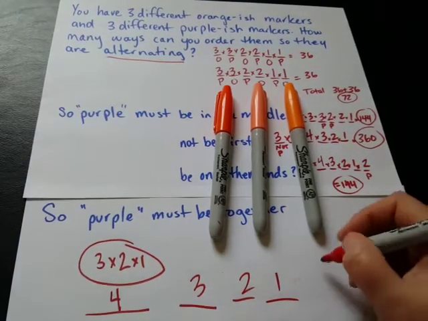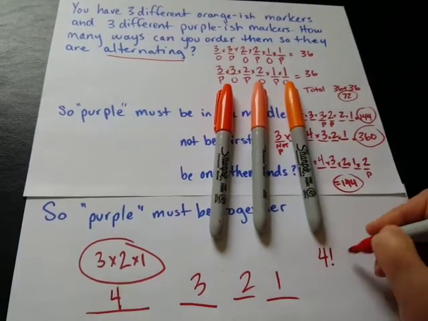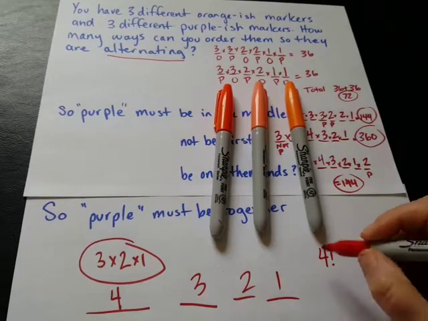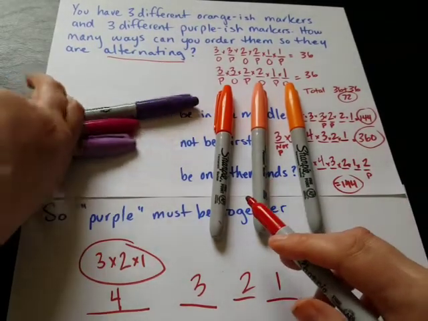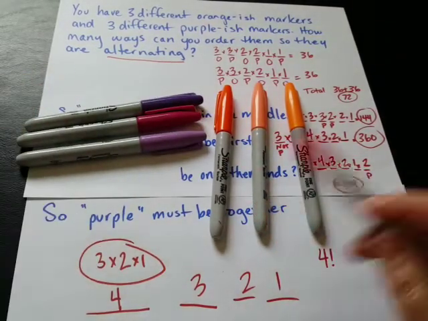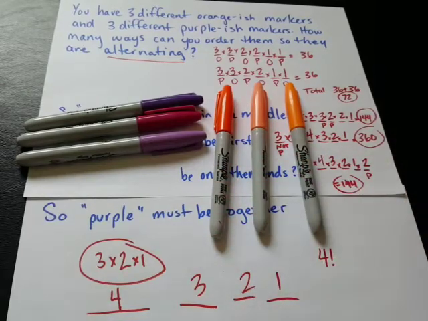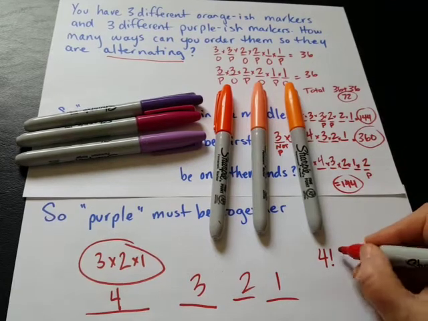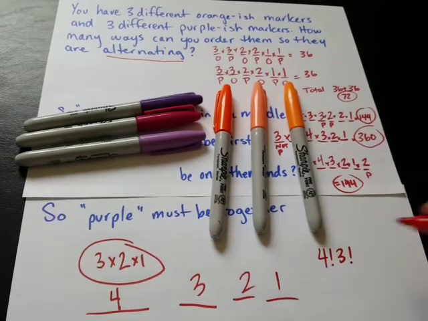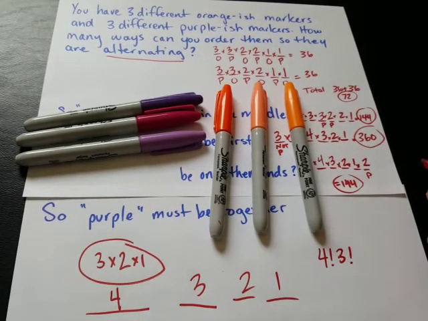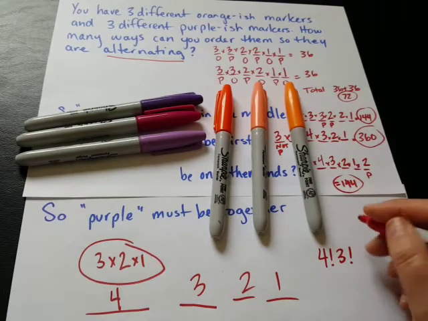So in order to represent this, we would represent it as the 4 factorial, which shows the 3 orange options, or the 3 non-purple options, and the 1 option for the chunk, but just 1 for the chunk. And within the chunk, it's the 3 factorial for how those markers get put down.